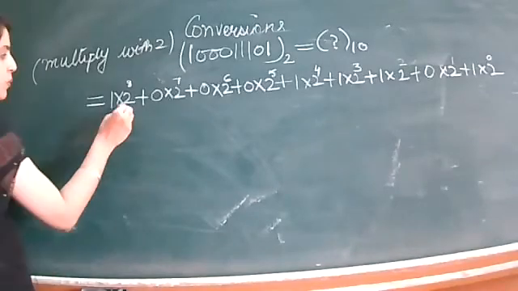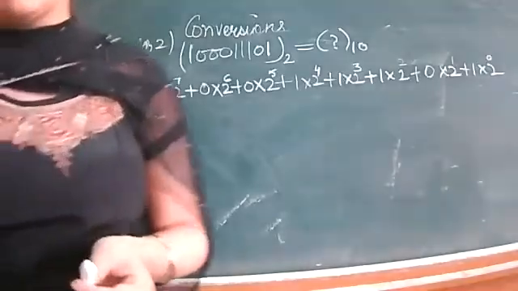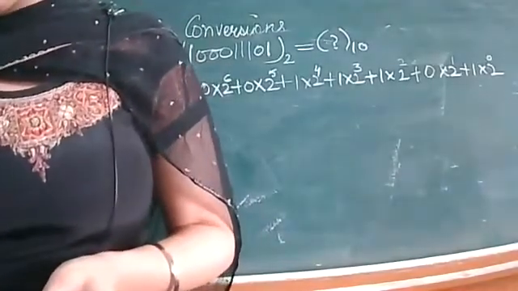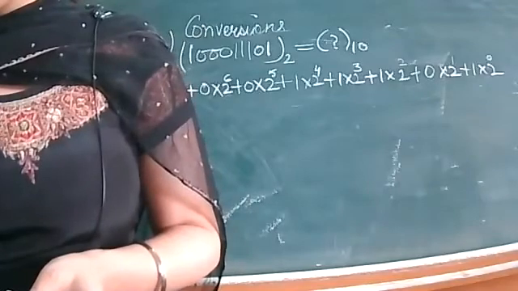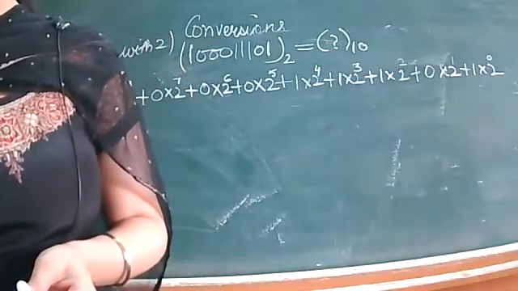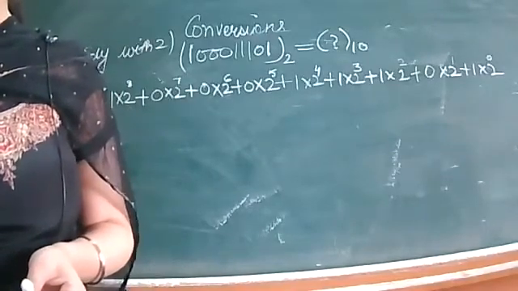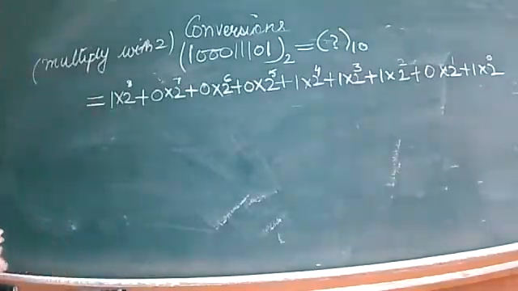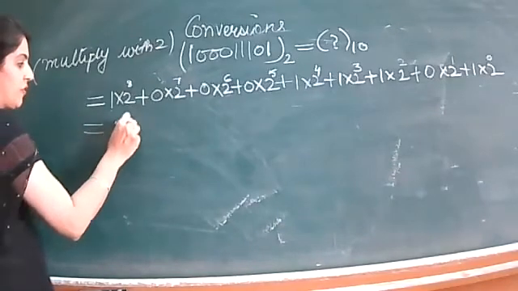Now solve it. What is 2 raised to power 8? Do the calculation and tell me. That is equivalent to 256.